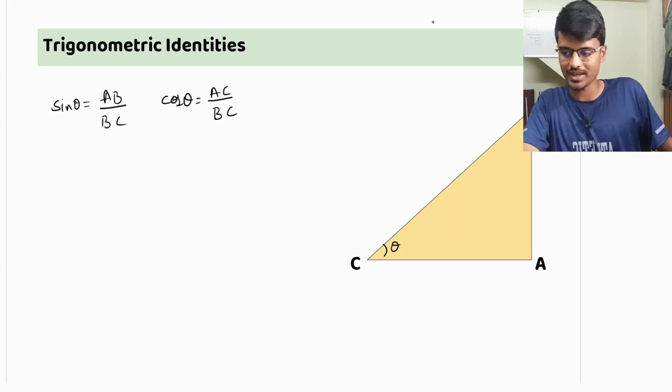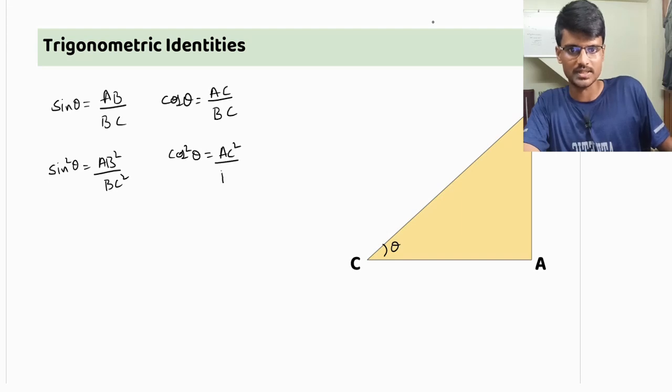Now, if I square and add both of these, what do I get? Sine square theta is AB square by BC square. Here I get cos square theta as AC square by BC square. If I add both of these, I get sine square theta plus cos square theta equal to AB square plus AC square divided by BC square.